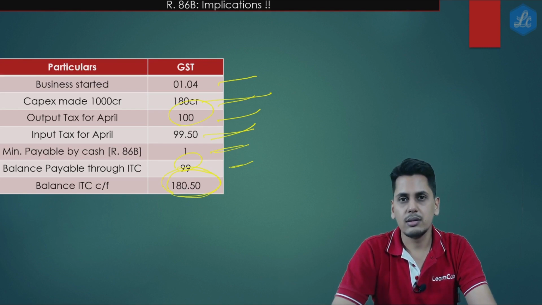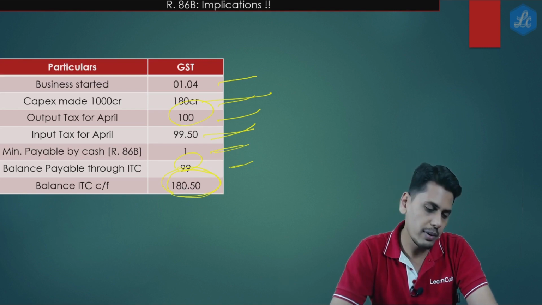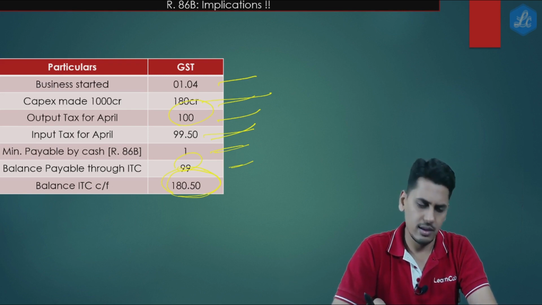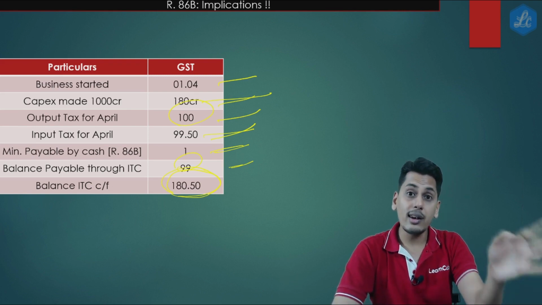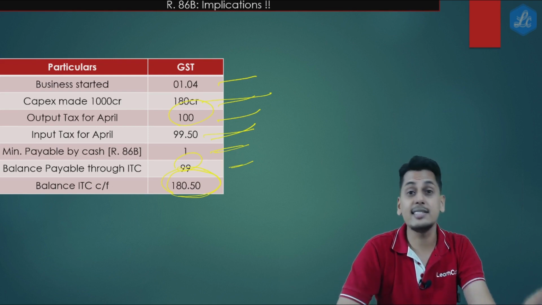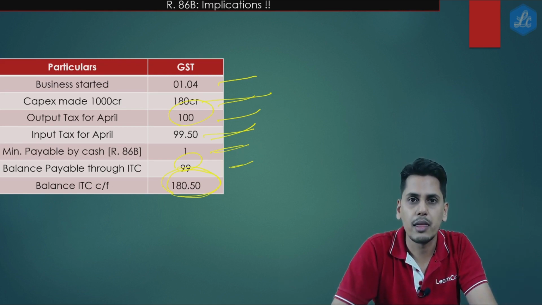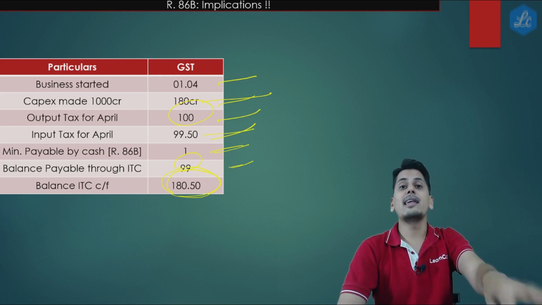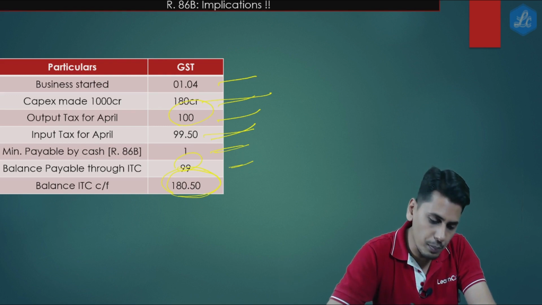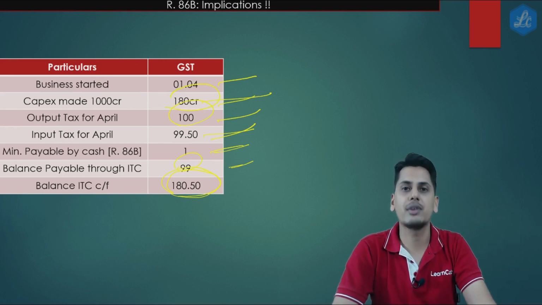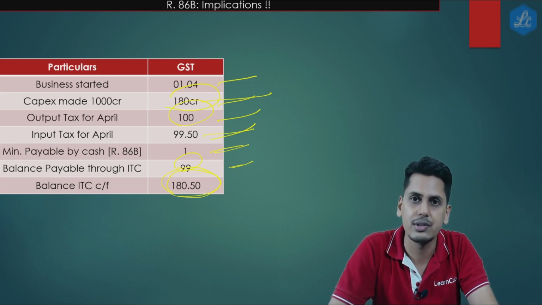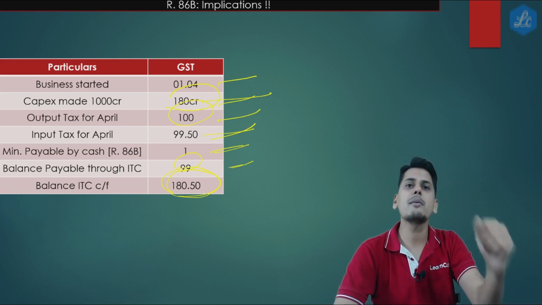Now please tell me, I am sure you have understood by now what is the problem which this registered person is facing. He says, I already have made a huge capital expenditure of 1000 crores where the GST involved is 180 crores. Now, rather than enabling ease of doing business, supporting me in my business, helping me to bring down this accumulated balance of credit which I am having to the extent of 180 crores because of the capital expenditure which I have made, you are increasing my balance.